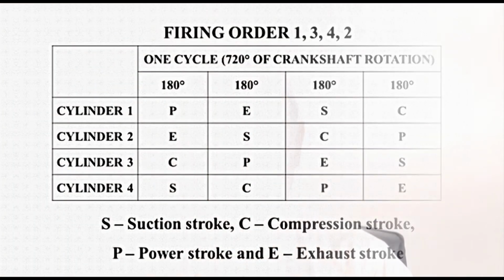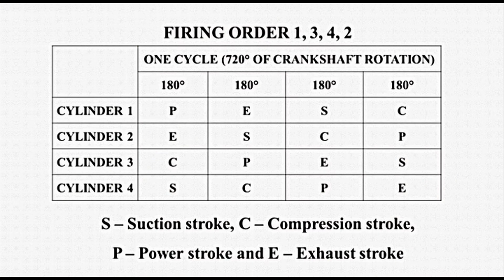Let us try to understand it further with the help of the following table. The column at the top in the table represents one cycle of a 4-stroke engine, that is 720 degrees of crankshaft rotation. It has been divided into 4 columns representing 180 degrees of crankshaft rotation.